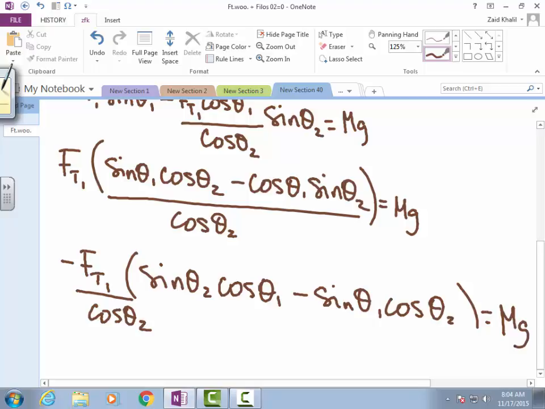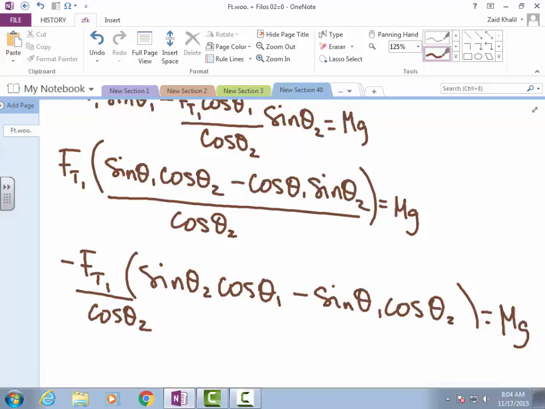It's not the sum, but the difference. In the first case, what is this expression in the numerator? See if you guys can identify it.